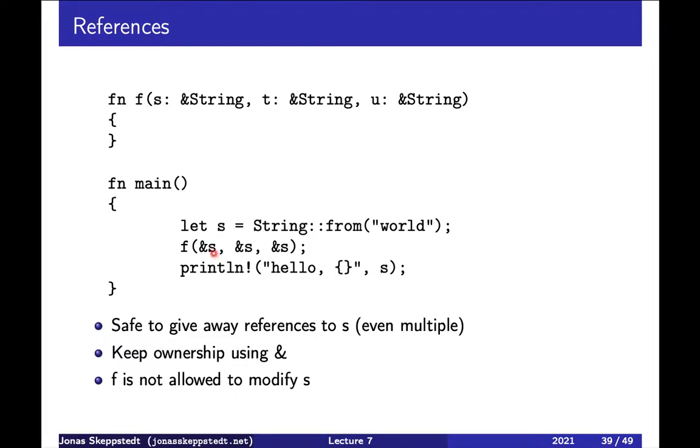Here we use 3 parameters just to illustrate that we can give away this multiple times, and the ownership is only temporary, and they are not allowed to modify what the parameter points at. So since we have retained the ownership, we can still use s afterwards.